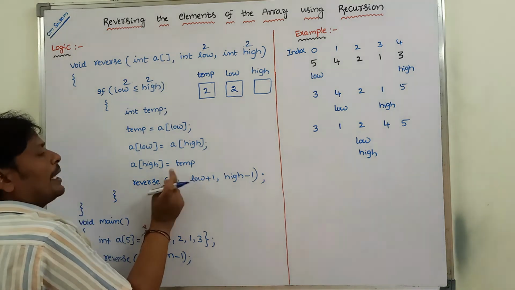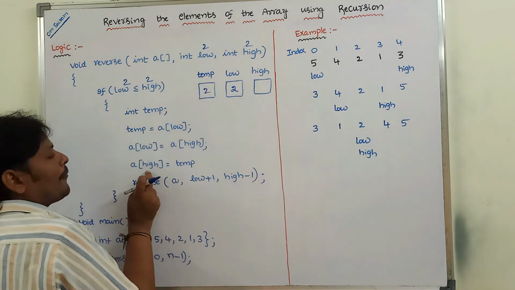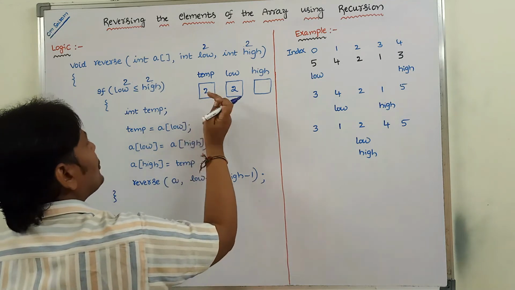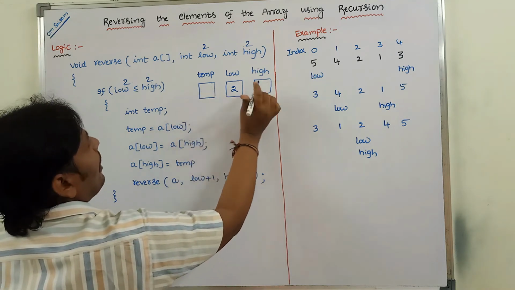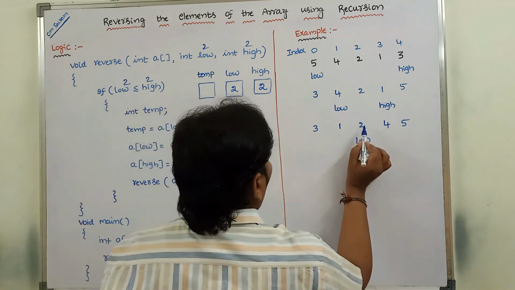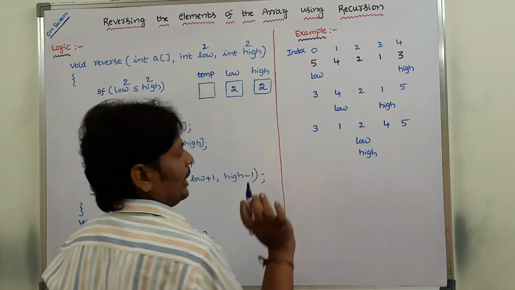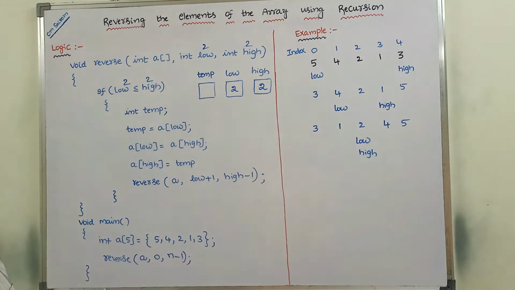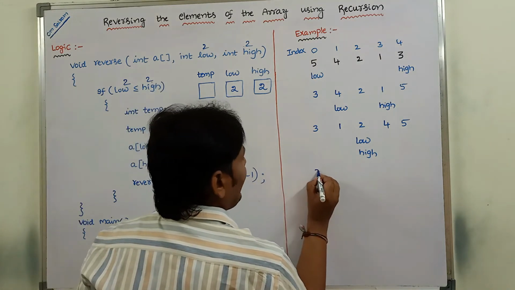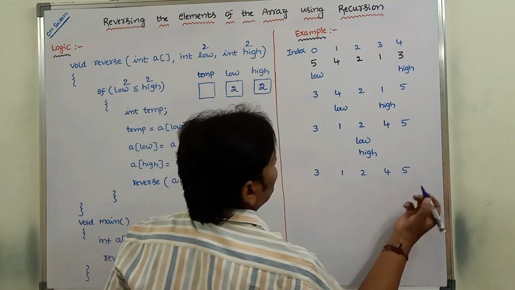Next, temp is assigned to A of high. The temp value 2 is assigned to A of 2. So after swapping, 2 stays here only. After completing this step, we still get 3, 1, 2, 4, 5.